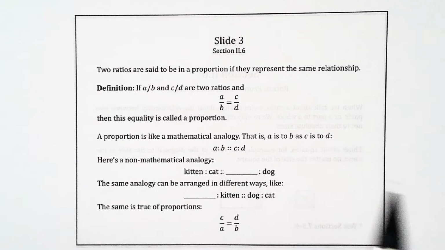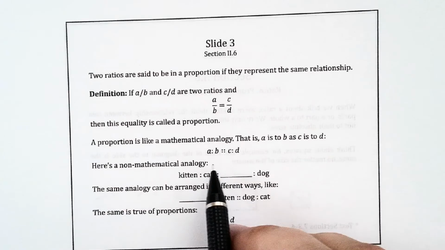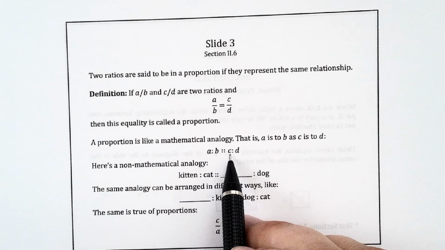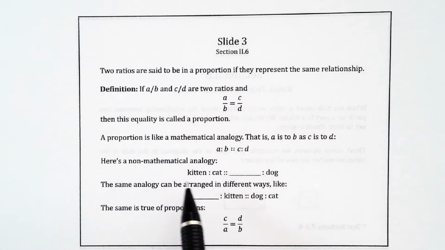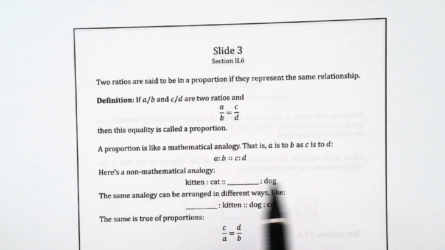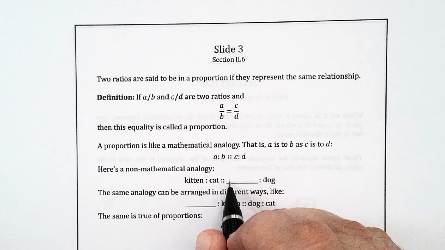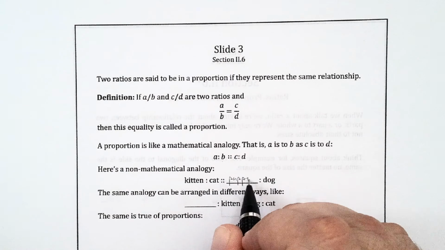So when I write something like this, it's like an analogy. A is to B as C is to D. Okay, you learned non-mathematical analogies in school at some point probably. They usually form part of the SAT. So for example, kitten is to cat as, what? I guess puppy is to dog.